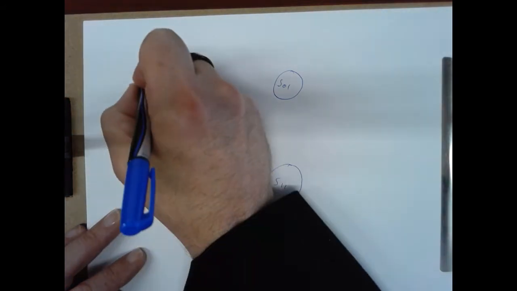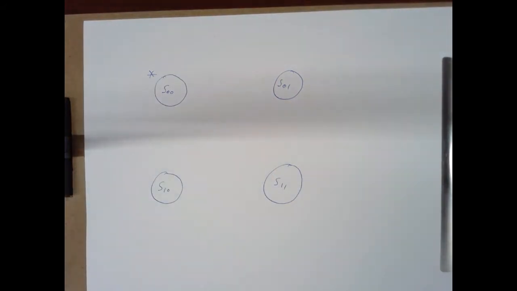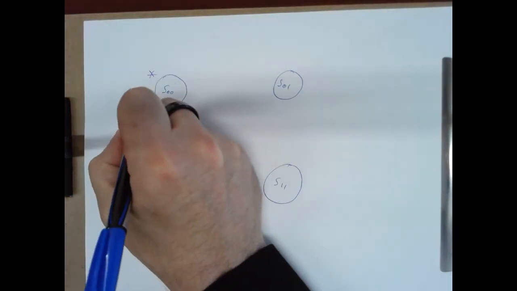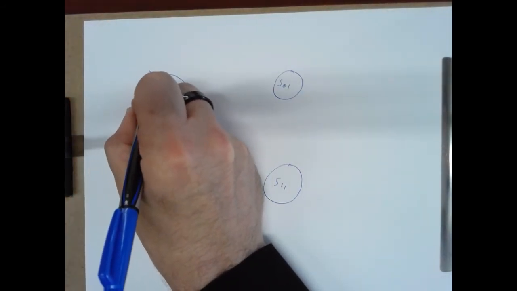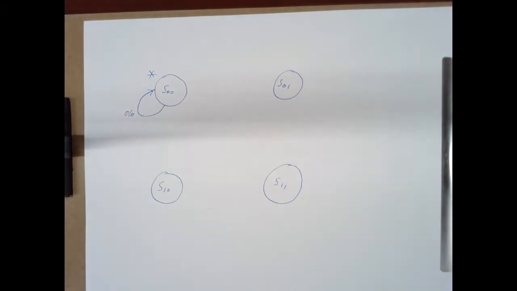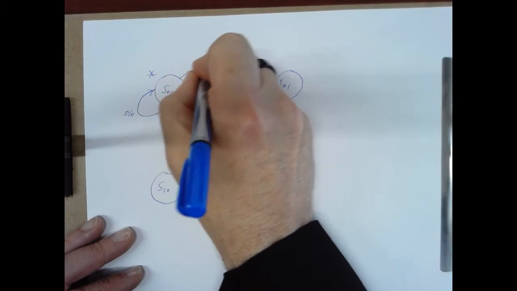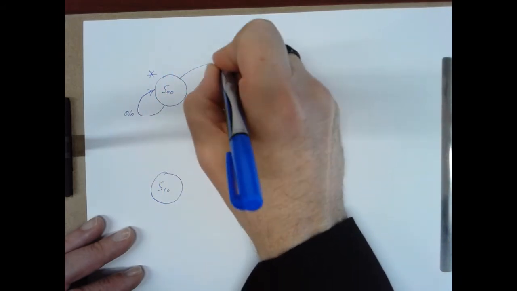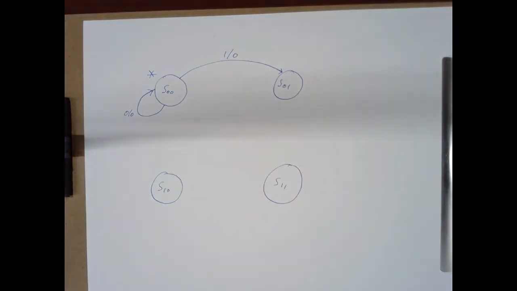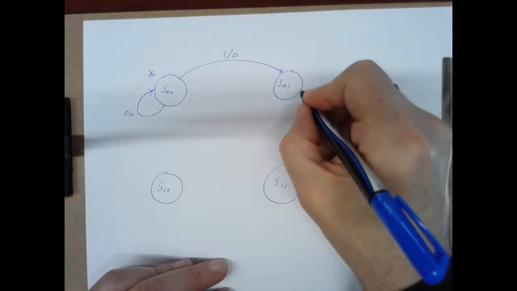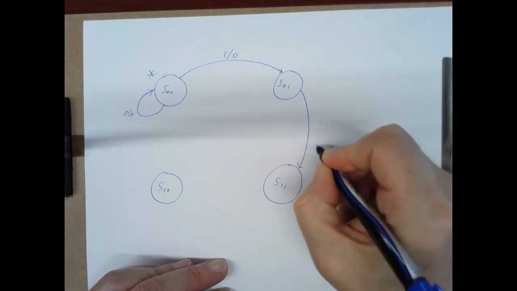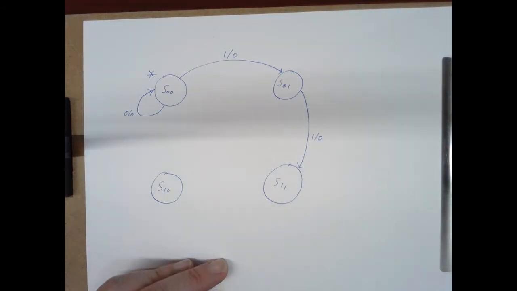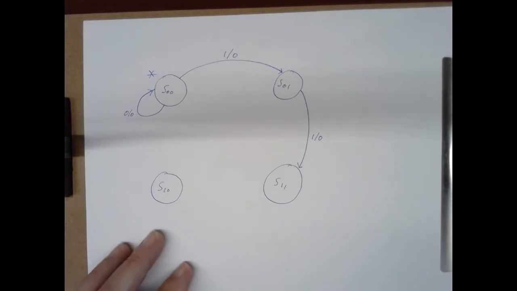All right, our initial state is S00. So here's what it does. 0 gives you a 0 and stays there. 1 gives you a 0 but changes to S01. Another one gives you a 0 and changes to S11.